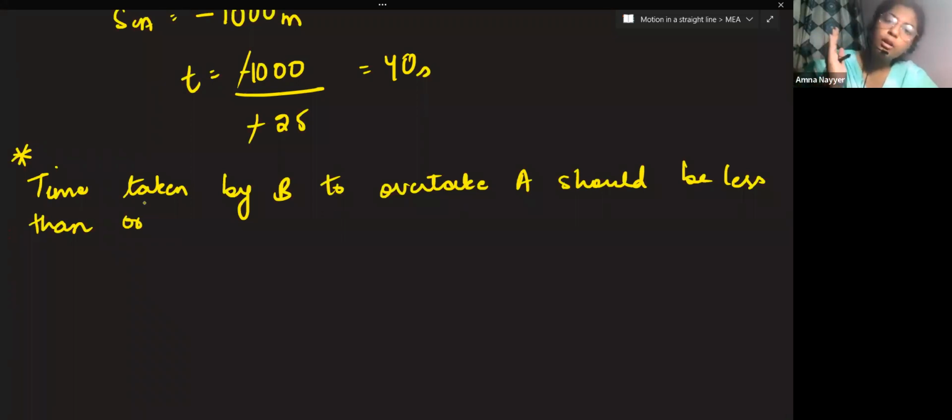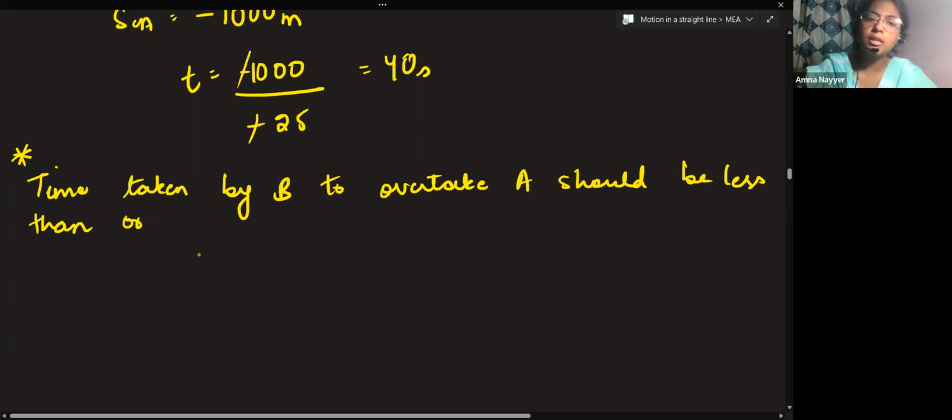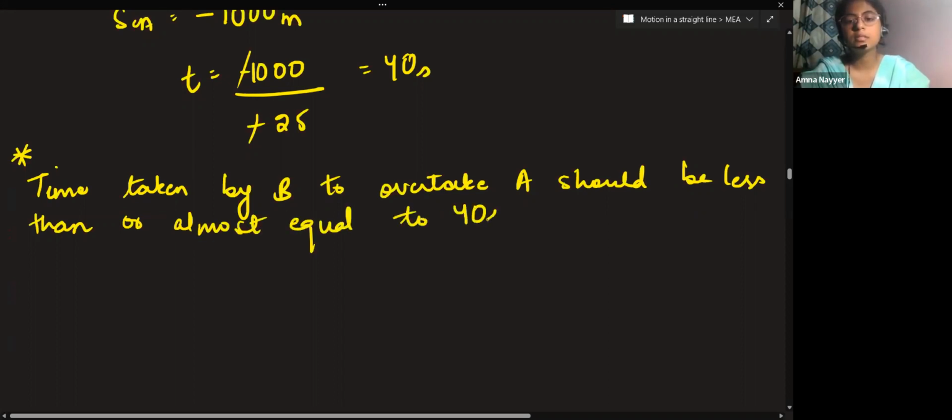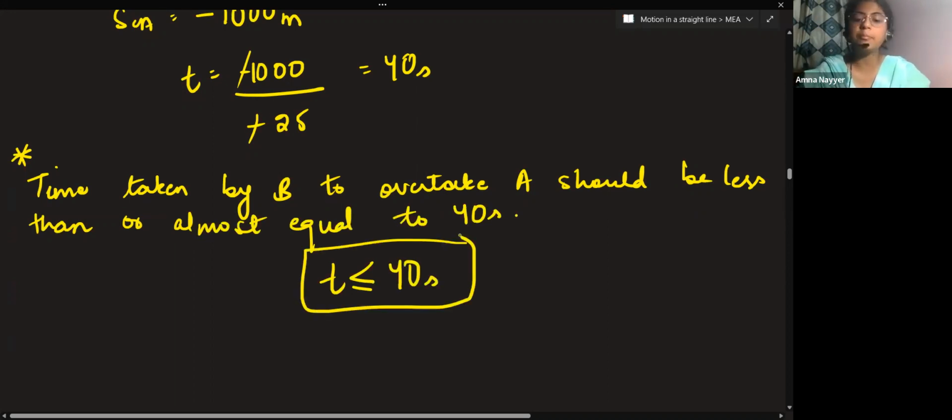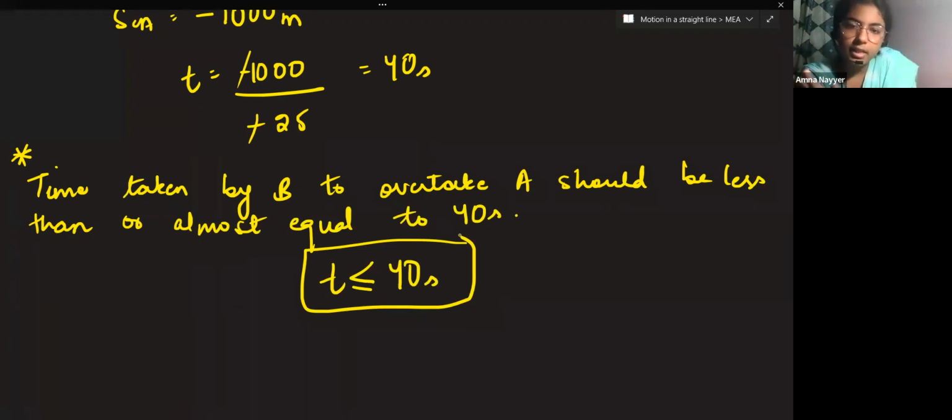If it is more than 40 seconds, then by the time car C would have already crossed car A. So the time period for car B becomes less than or almost equal to 40 seconds. With the help of the data given for C and A, we have calculated the time period for B.